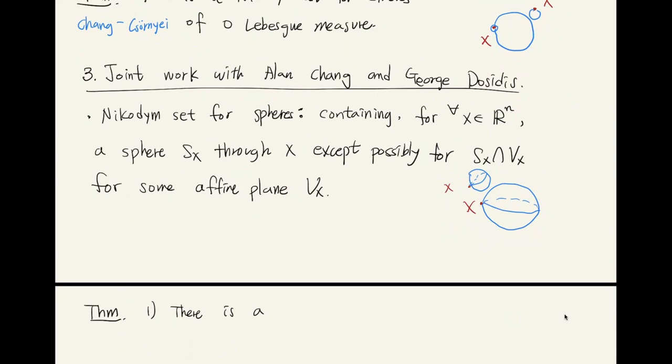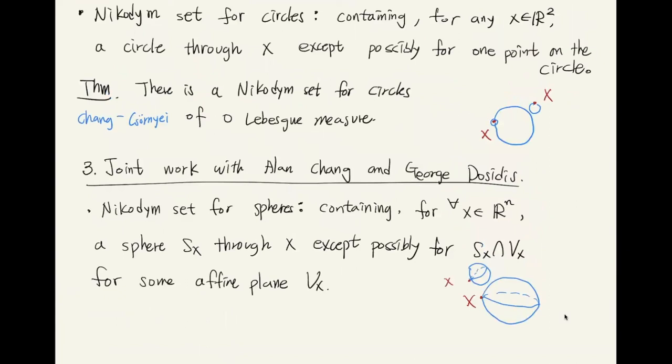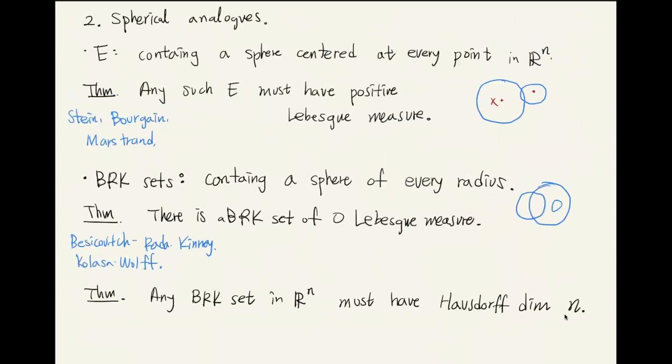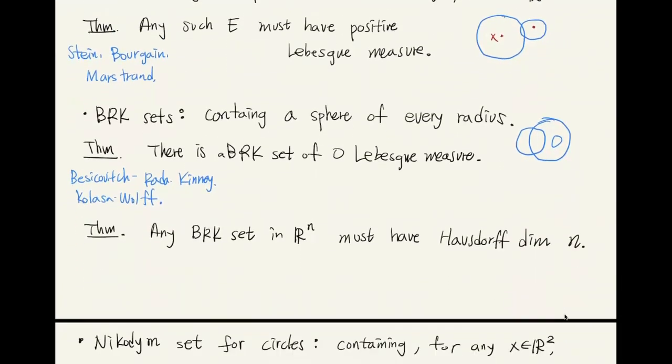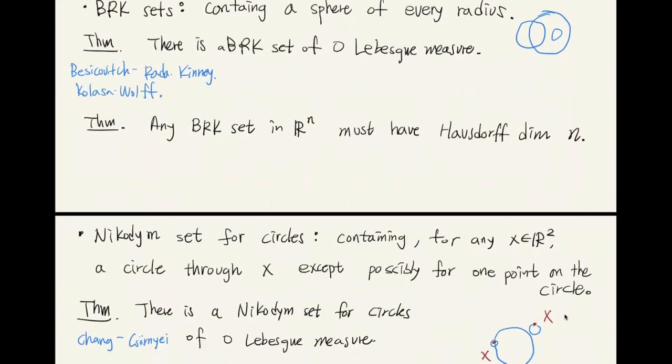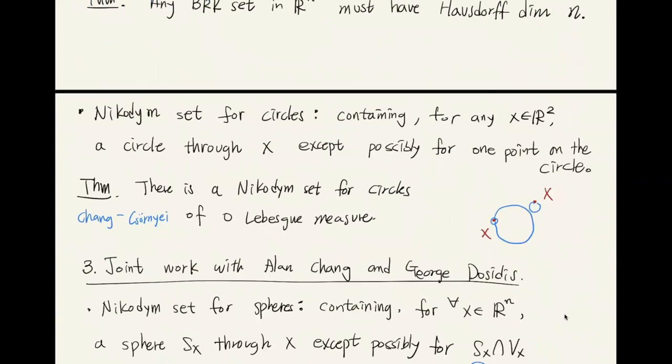If you define the Kakeya set for circles... Okay, I think I haven't really said what should be a Kakeya set for circles, but BRK sets somehow can be regarded as Kakeya sets for circles, I think, because they have a similar property, namely the existence of such a set with zero Lebesgue measure.